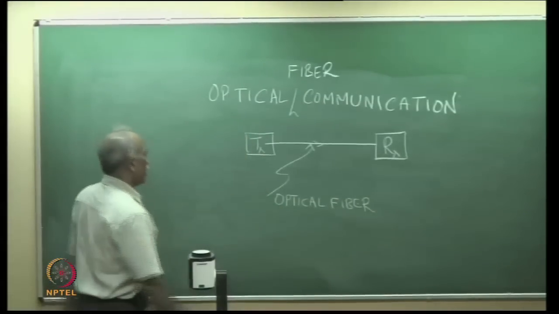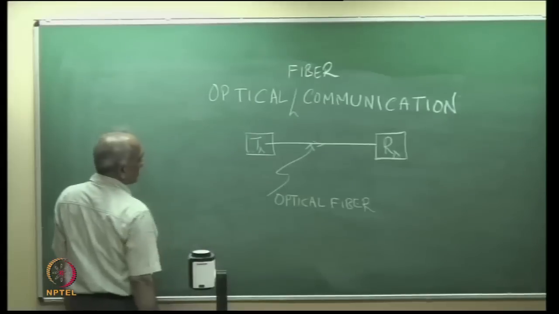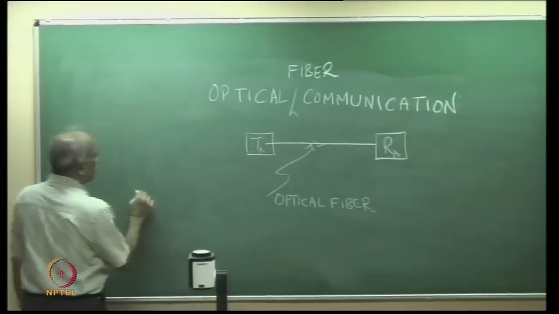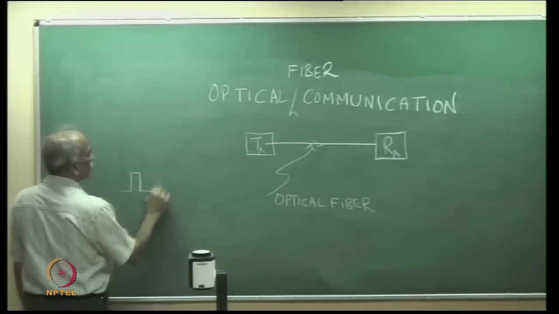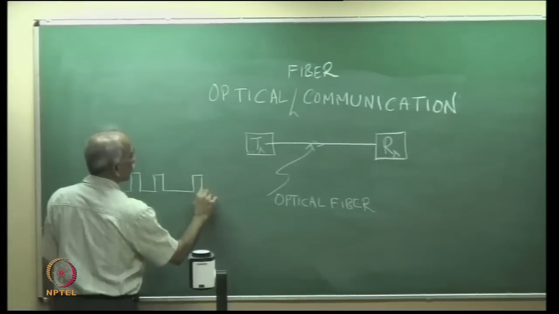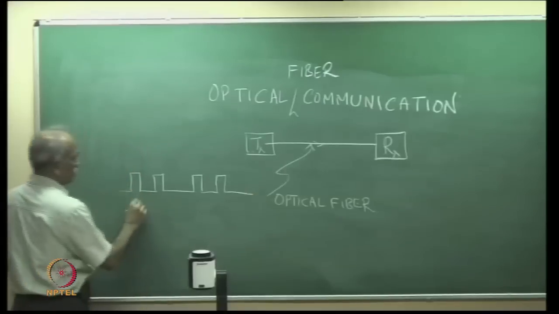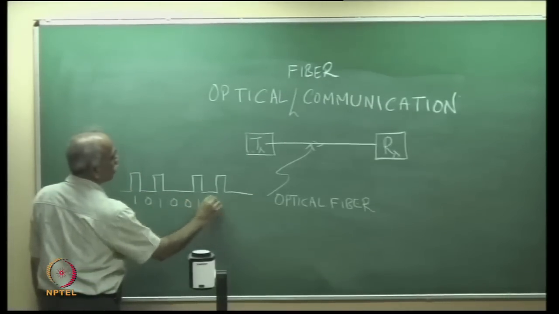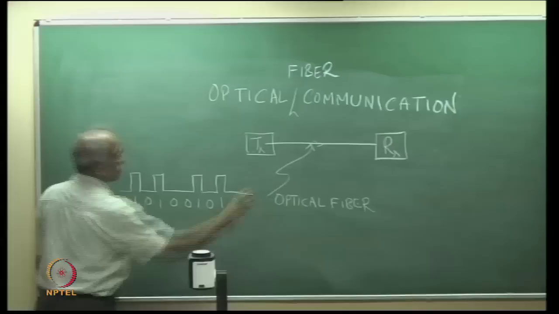The transmitter has all the electronics, and finally there is a digital stream of bits of ones and zeros, so 1 0 1 0 0 1 0 1 and so on.